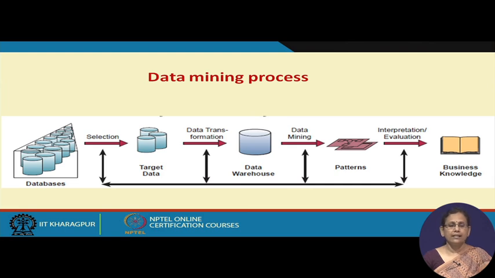Now, once the data is stored in these warehouses or in the databases, while differentiating between data, information and knowledge, we have already defined what knowledge is, but I would like to repeat it here. Whenever you send any query to a database, it is not knowledge discovery, it is about generating information from the data.